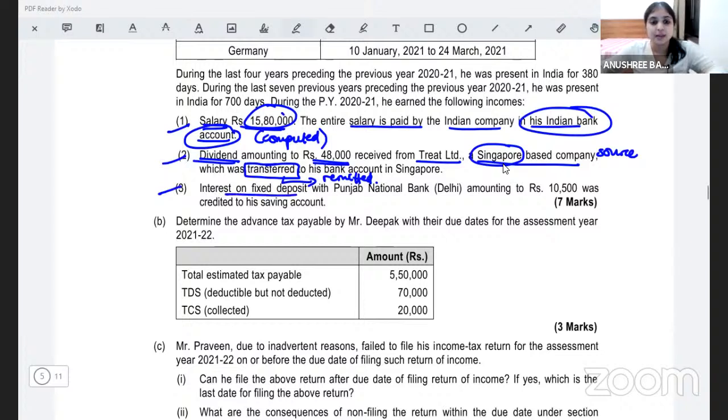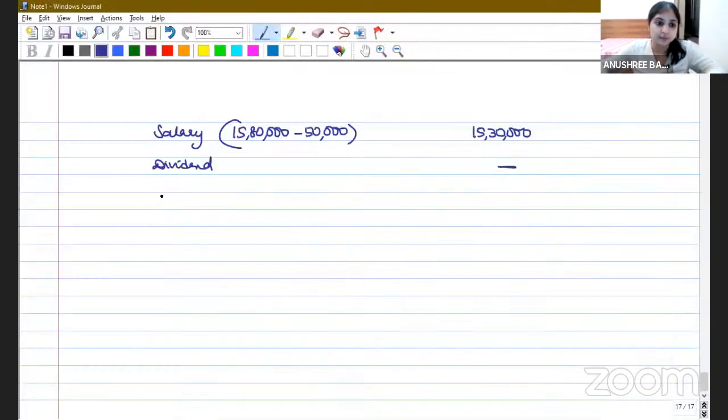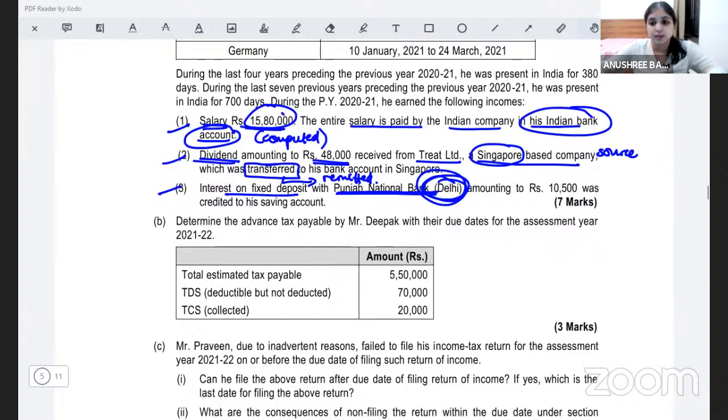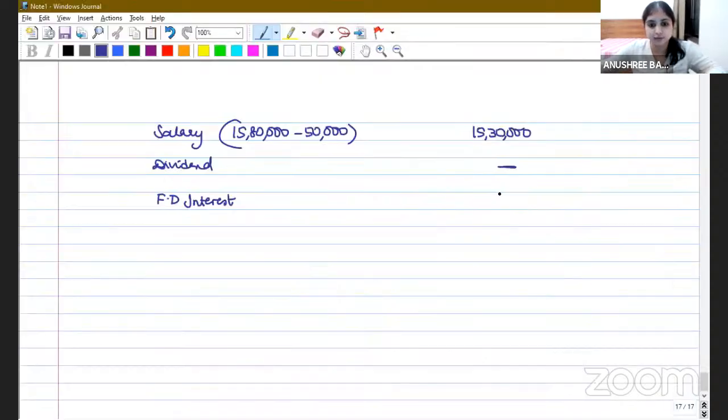And lastly, FD interest from Punjab National Bank, Delhi. So source of this interest income will be in India. So FD interest, how much? 10,500. FD interest 10,500. So what is his GTI now?